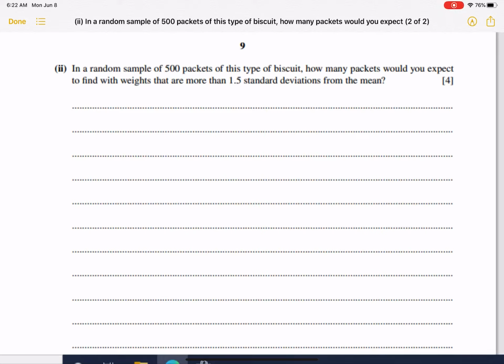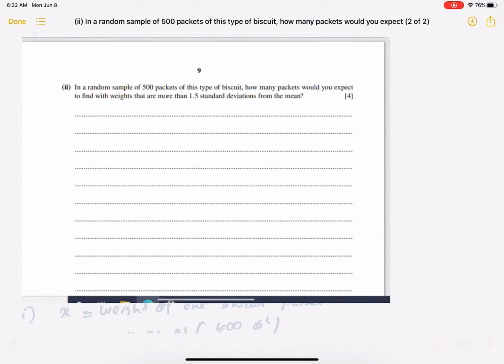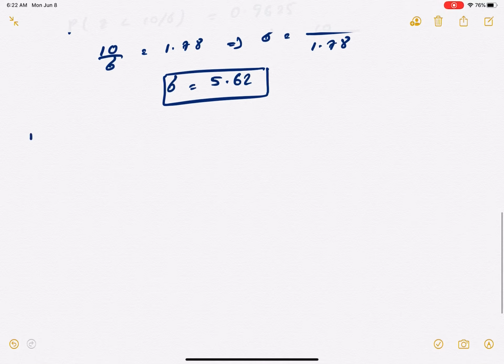From the mean means it should be away from the mean by this distance. So that could be either in the positive direction or in the negative direction. Let me show you the diagram.